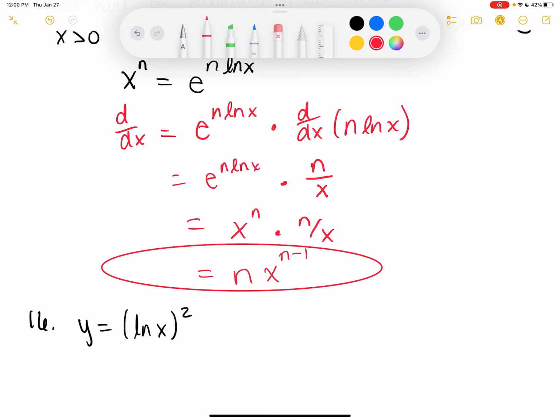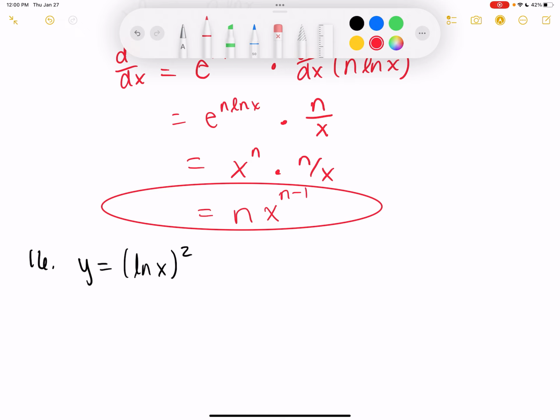So I'm going to take the derivative of that outside piece: throw the 2 out front, copy down what's inside. If that was anything other than a 2, I'd be subtracting 1 from it. So that's equal to 2 ln of x. And then I just have to multiply it by the derivative of the ln of x, which is just 1 over x. So instead of writing times 1 over x, I'm just going to throw this over x, and I've got my derivative.